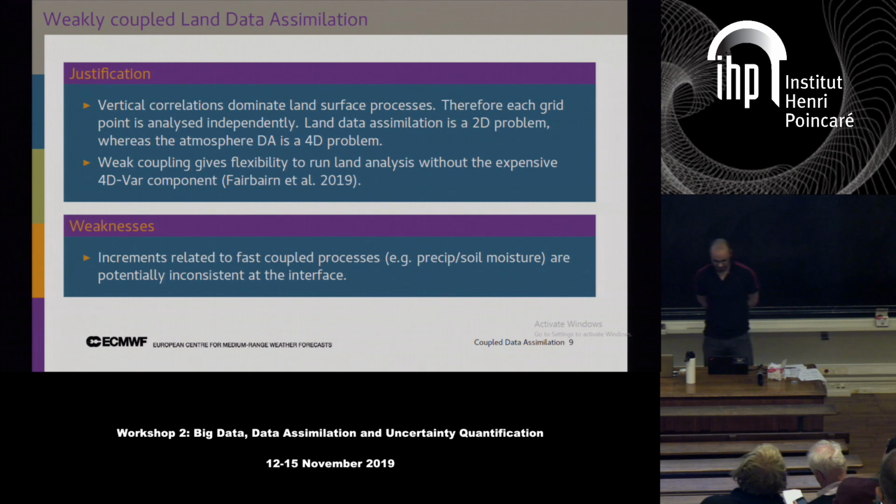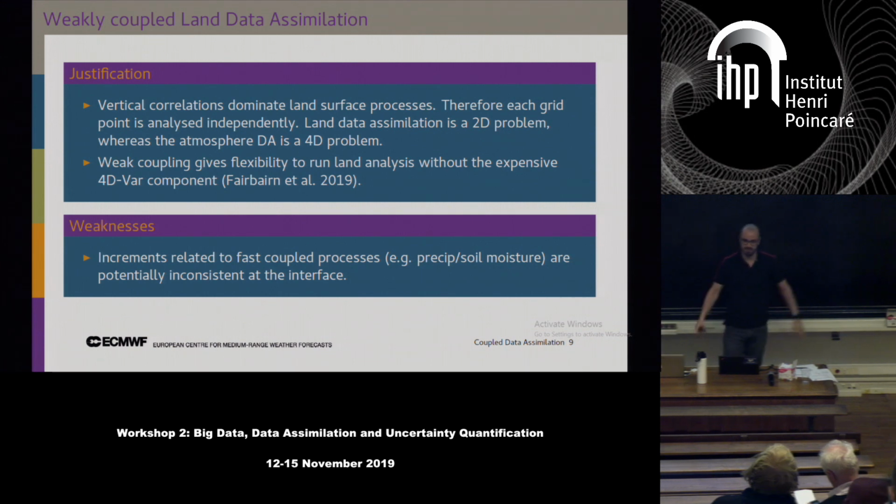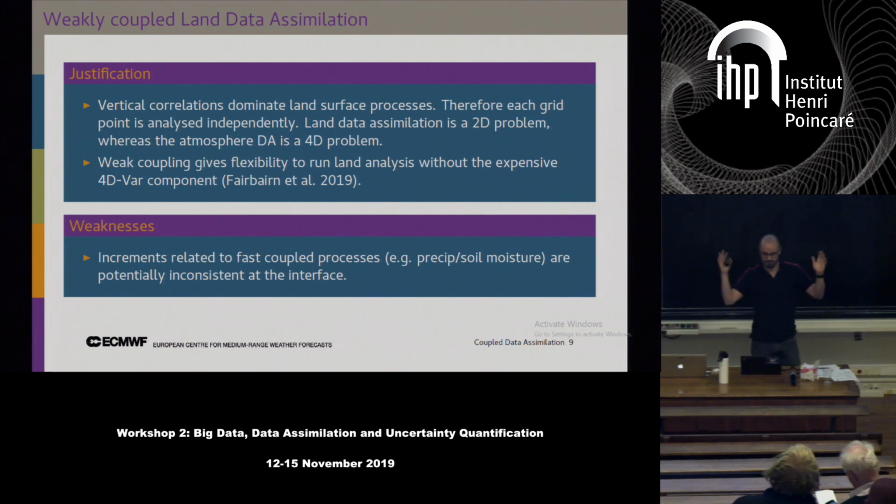And why can we get away with this? Well, for numerical weather prediction, we're going to have essentially a 12-hour assimilation window, and for operations we have a 9-kilometer global grid. At these spatial and temporal scales, the land surface doesn't really interact horizontally.